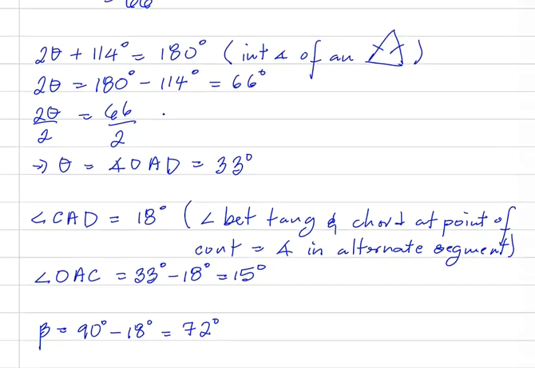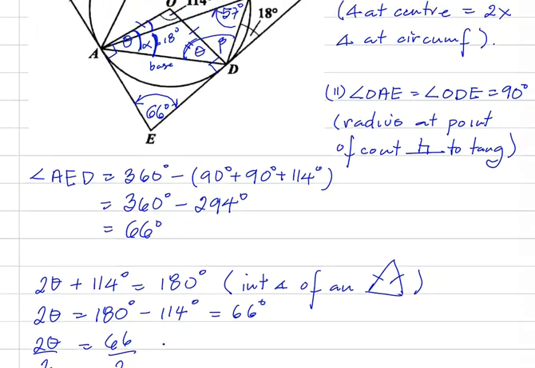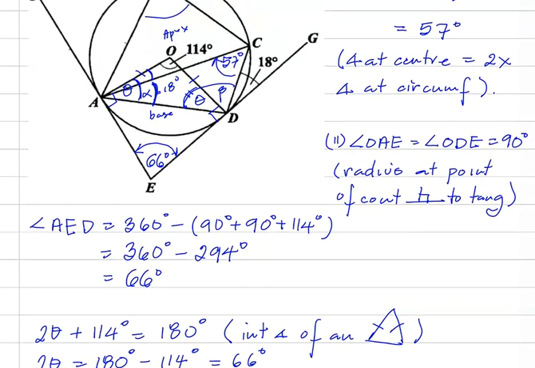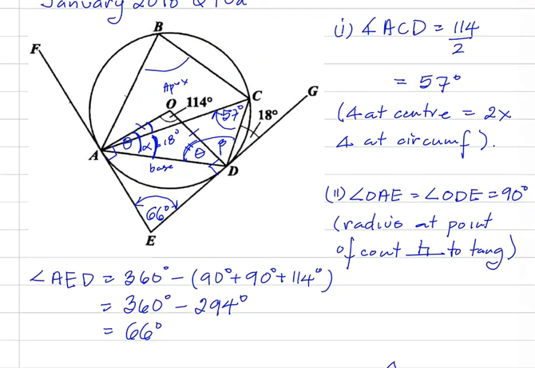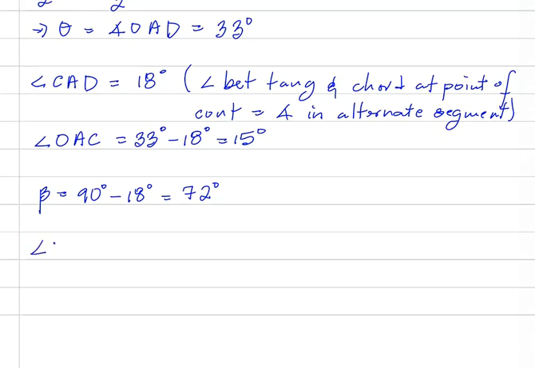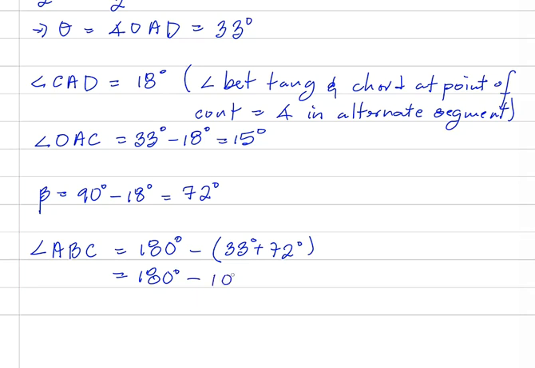So one piece is 72 and the other piece is 33. So this is 33 plus 72. So angle ABC would be equal to 180 minus the 33 plus the 72, which would be 180 minus 105.